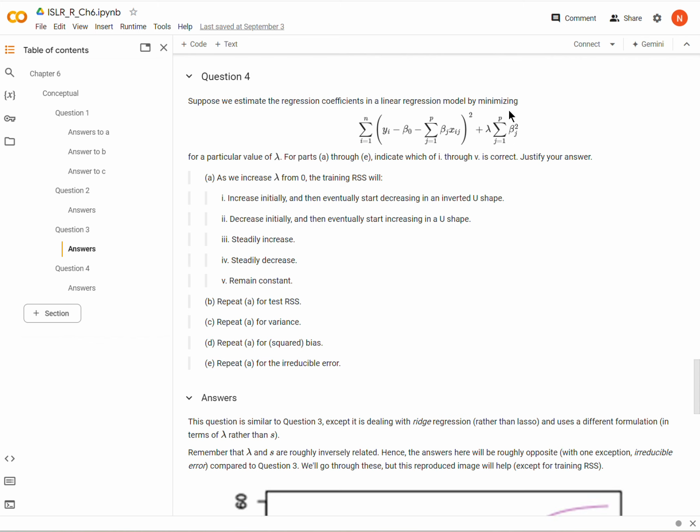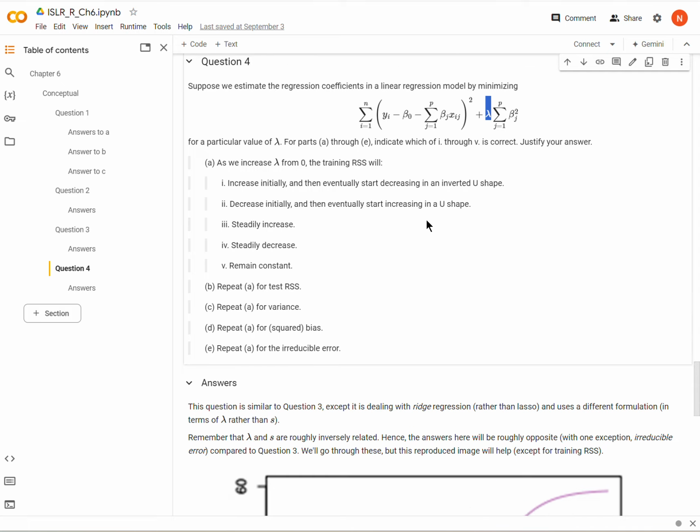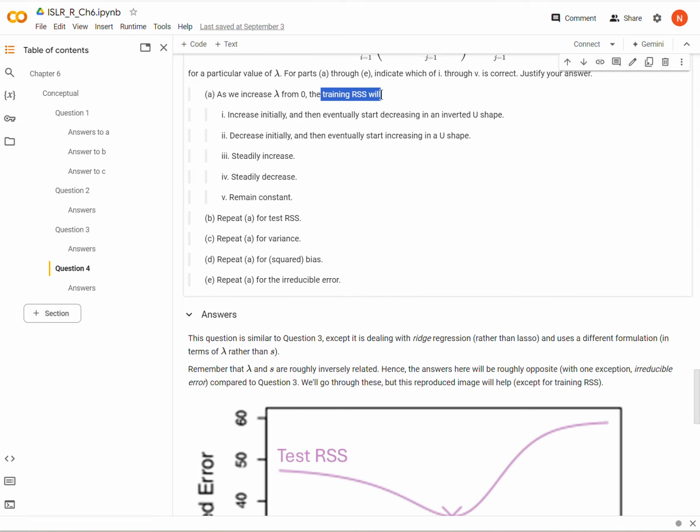So again, here in question 4, we're looking at ridge regression, and we're asked what happens. We are given the ridge regression in this formulation, and we're asked what happens as lambda goes up from 0 to whatever. We're asked again about the training residual sum of squares, the test RSS, the variance, bias, and irreducible error.